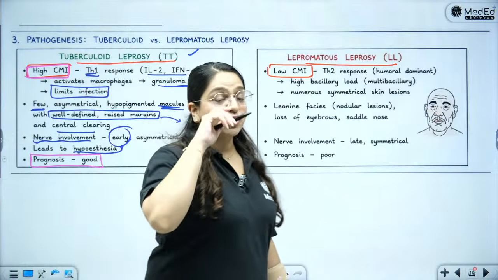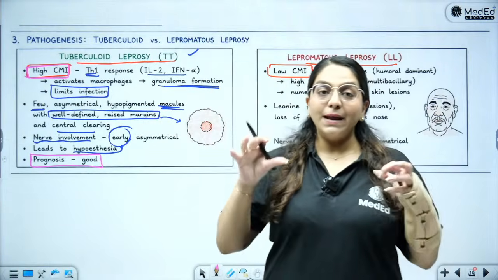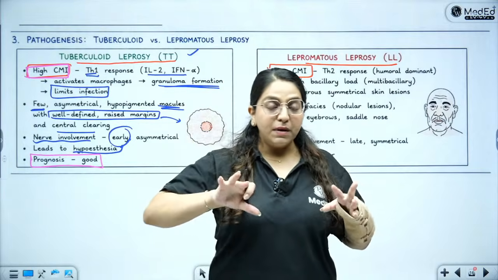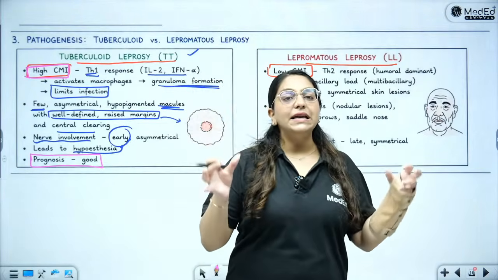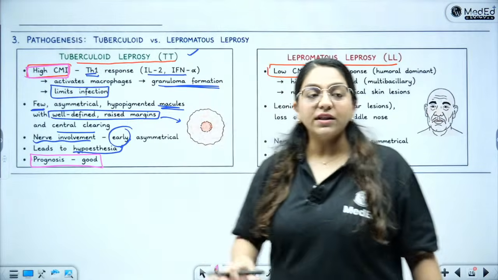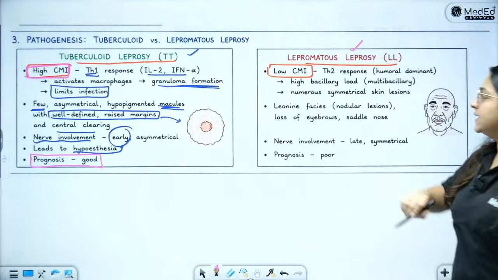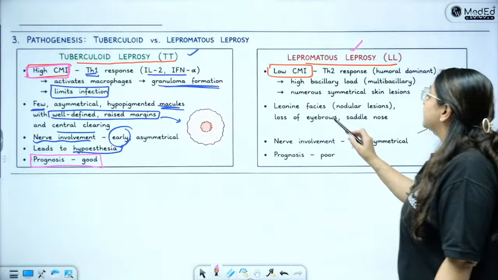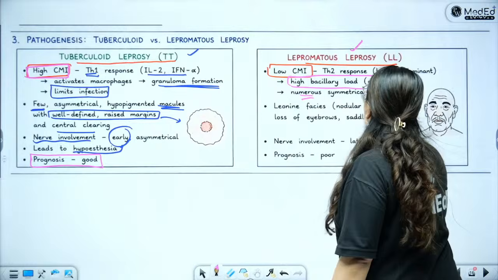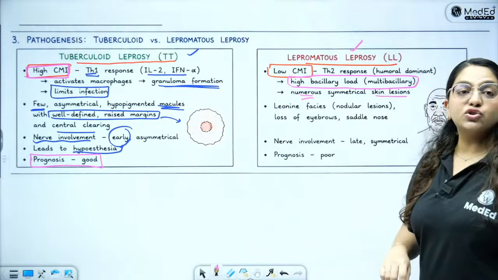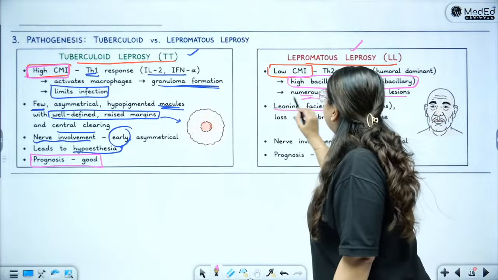Right. So what are the features of tuberculoid leprosy? There are hypopigmented patches with raised margins, and there are nerve thickenings and early hypoesthesias. What are the features of lepromatous leprosy? Therein, there is high bacillary load. This is multibacillary and there are numerous symmetrical skin lesions. It leads to something called leonine facies.